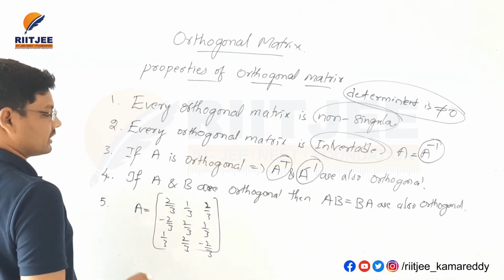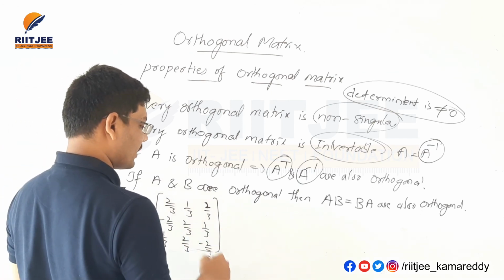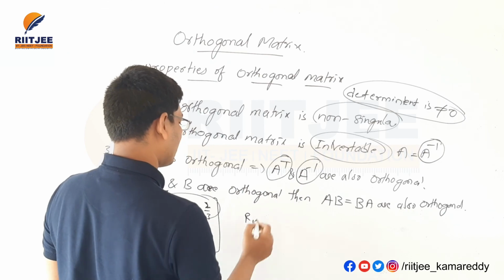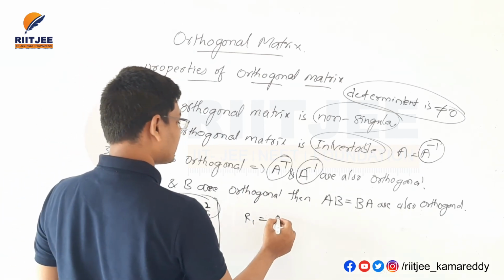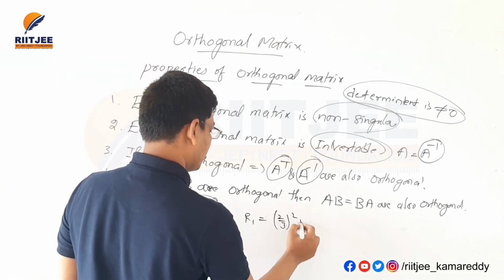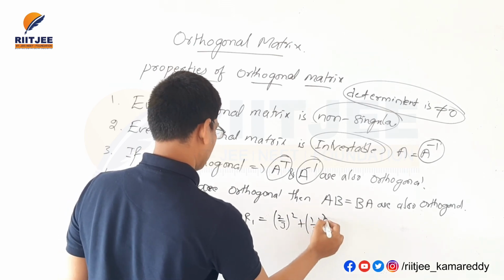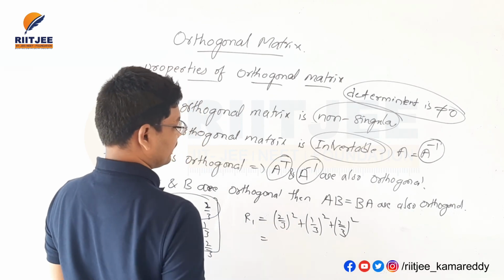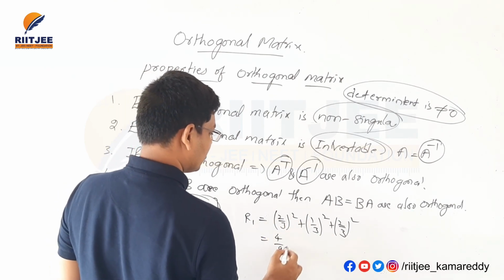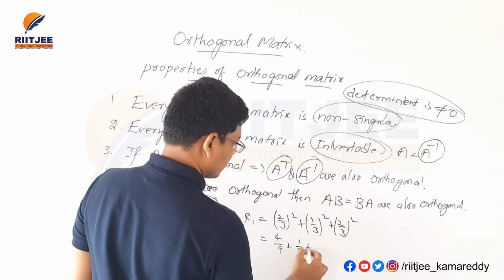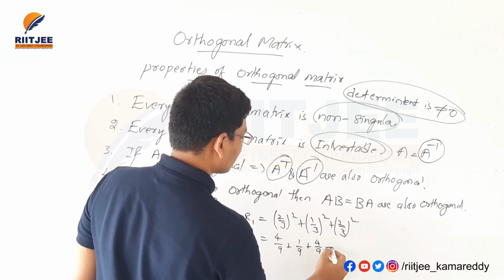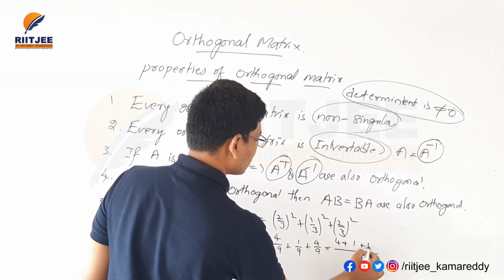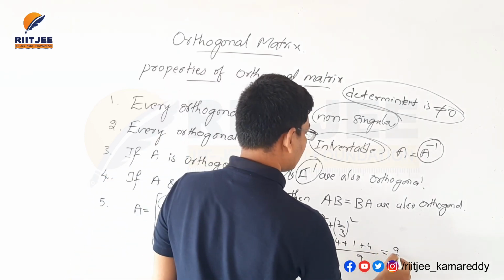Taking row 1: 2 by 3 whole square plus 1 by 3 whole square plus 2 by 3 whole square, that is 4 by 9 plus 1 by 9 plus 4 by 9. The LCM is 9, and 4 plus 1 plus 4 is 9, so 9 by 9 equals 1.